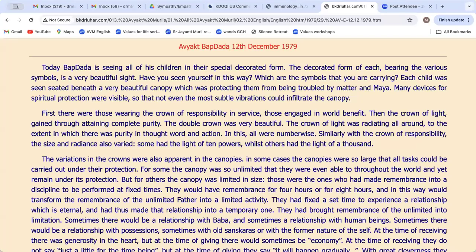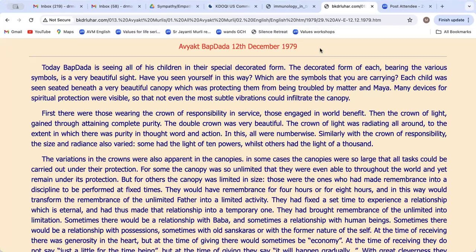Yeah. So as you can see, today Bap Dada is seeing all of his children in their special decorated form. Saje Sajaye Vishesh Atman. The decorated form of each, bearing the various symbols, is a very beautiful sight for Baba.